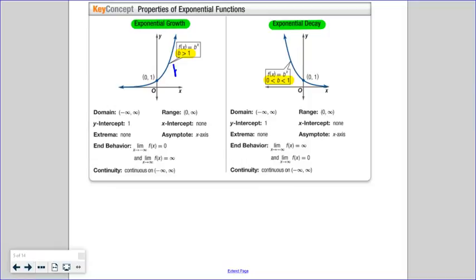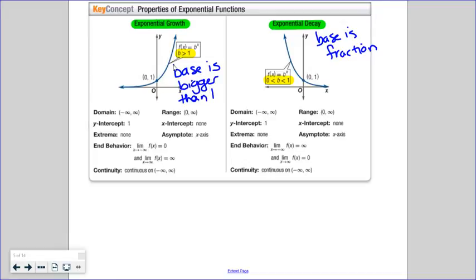If the base is a big number, bigger than 1, it's going to exponentially grow. Okay? If your base is a fraction, it is going to be exponential decay.